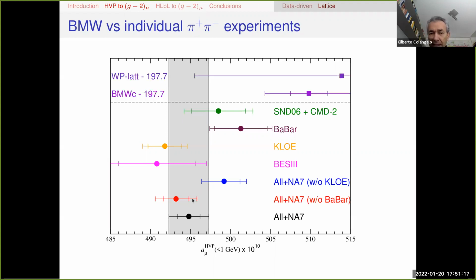And this is a comparison to what you would obtain from the lattice integrating only below 1 GeV. Well, assuming that all the rest is in agreement with the data-driven approach, then I'm subtracting the total contribution from above 1 GeV obtained with the data-driven approach, which is this 197.7 units.